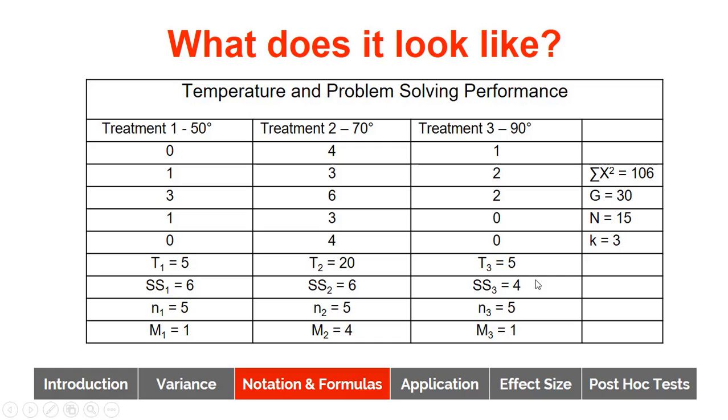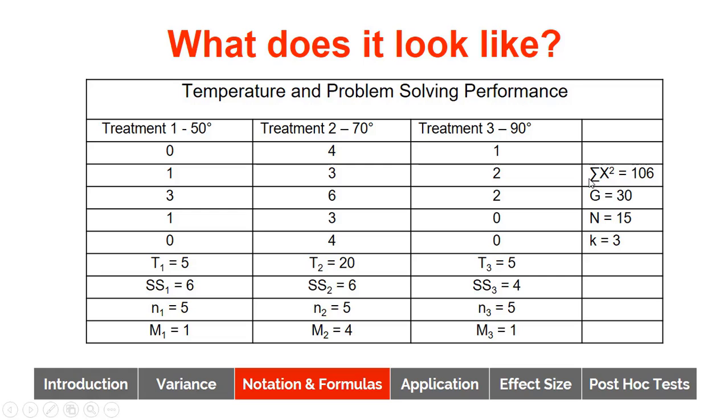Pretty simple so far. Now, this is a number that we're going to need when we're doing our sums of squares total. Way back in week 3 of this class, I introduced you to the definitional form or formula for finding variance, and sums of squares. However, there was another formula called the computational formula, and we're actually going to use that.